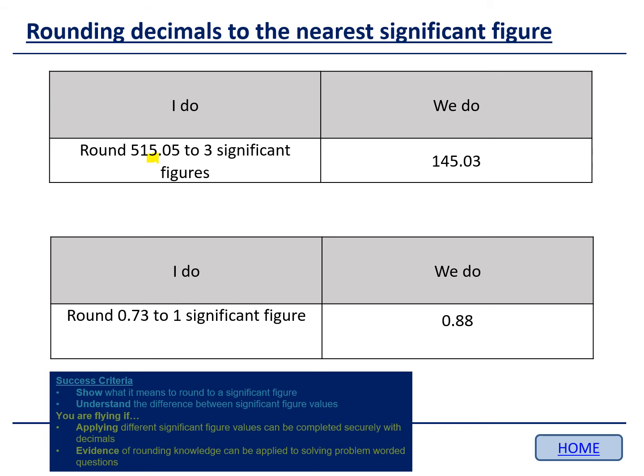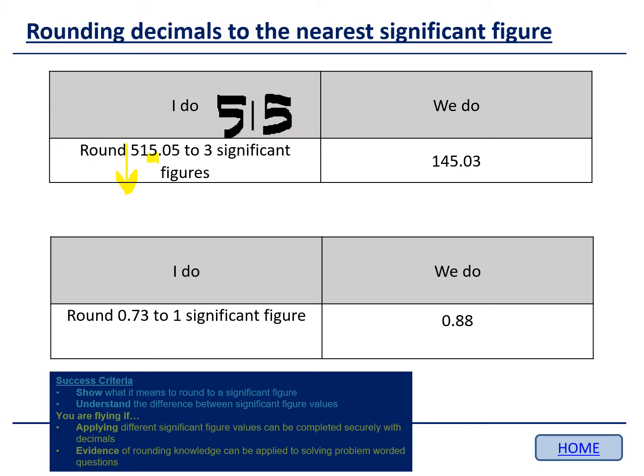However, this value isn't large enough to take us up to 516, because we'd have to be at 0.5 tenths. So it would mean that we would round back down and we would stay at 515 for this one.